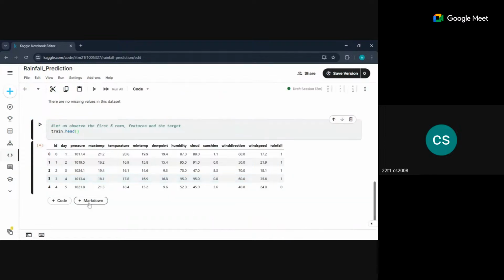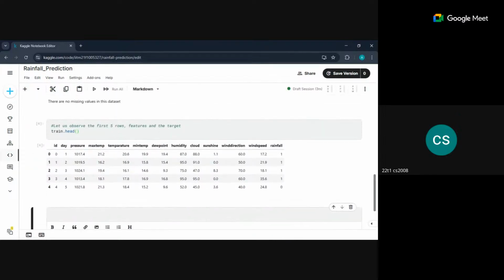Is there any comment we can add here? So we discussed this last time. What did we find out? All the values are numeric. We observe that all the values are numeric in nature.